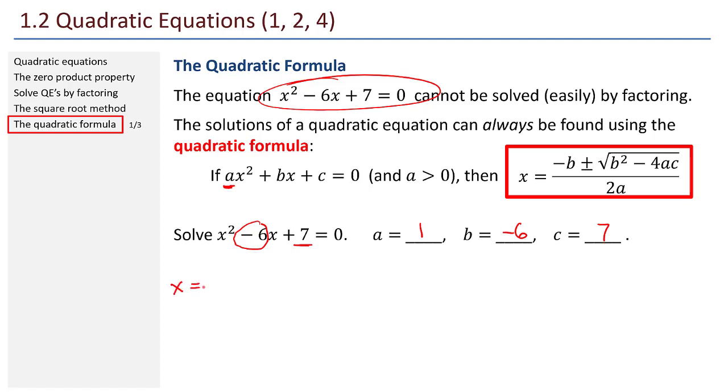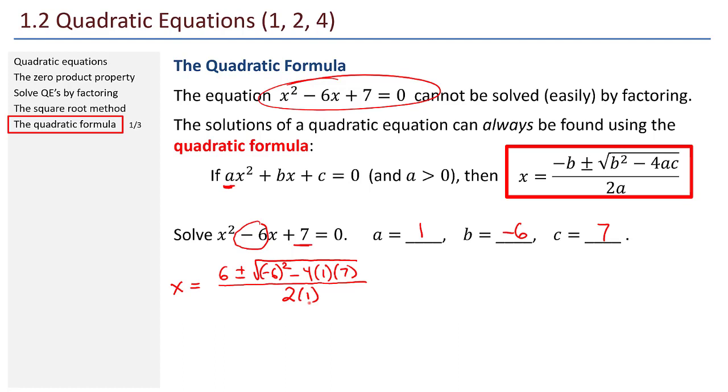X equals, big fraction bar, so negative b, so that'll be actually a positive 6, plus or minus the square root of b squared, okay, so negative 6 squared, minus 4 times a times c. All right, and that's all over 2a, so 2 times 1.